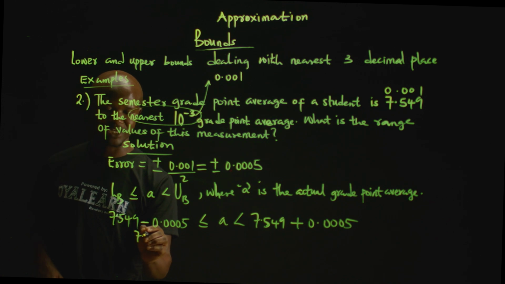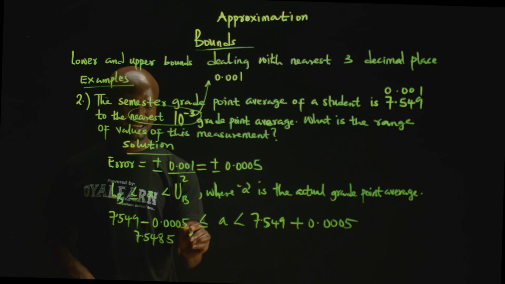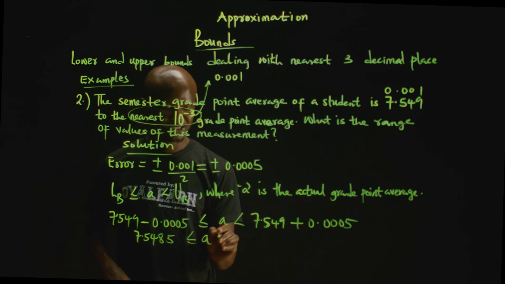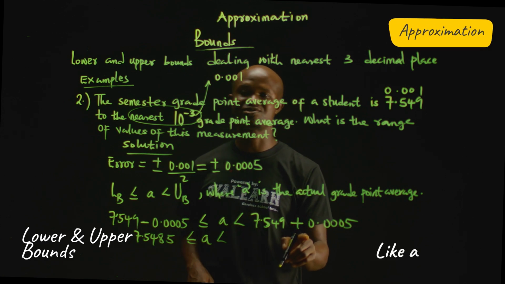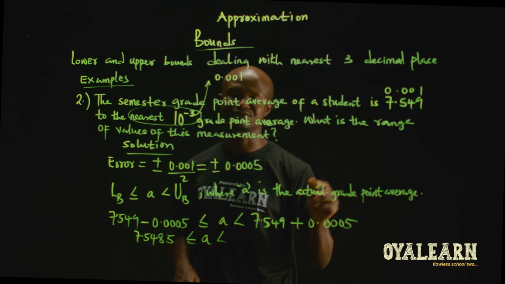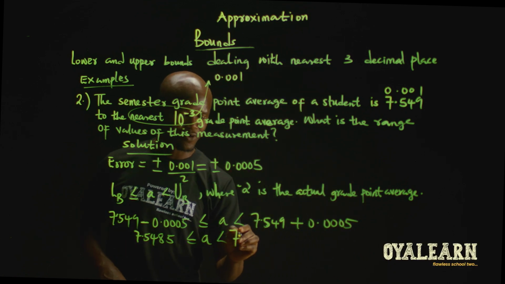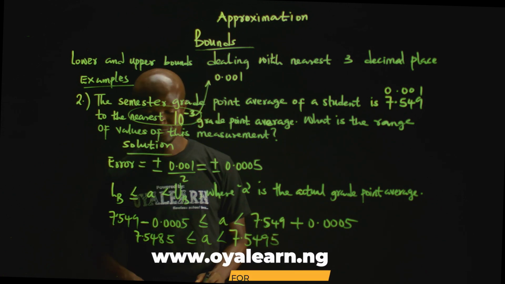That would be 7.5485, less than or equal to A, less than 7.549 plus 0.0005. That will give us 7.5495.